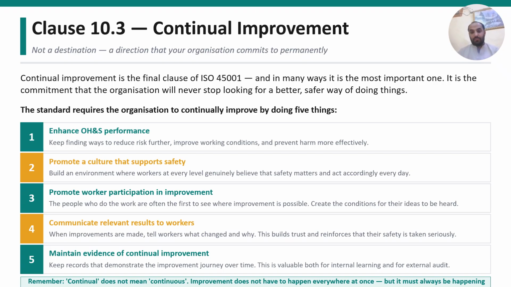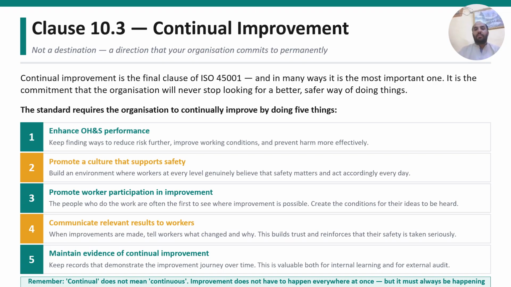That means building an environment through leadership, through communication, through genuine inclusion of workers, where people at every level of the organization genuinely believe that safety matters, not just in word, but in their daily actions and decisions.